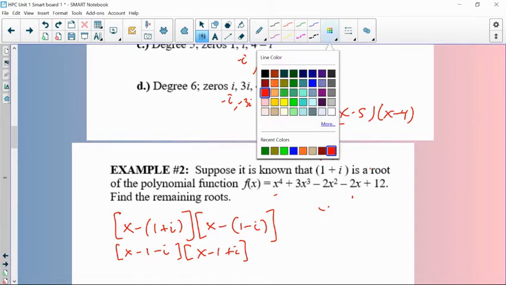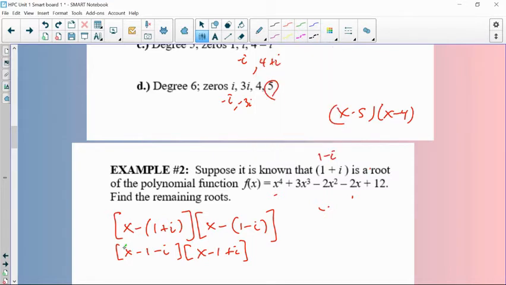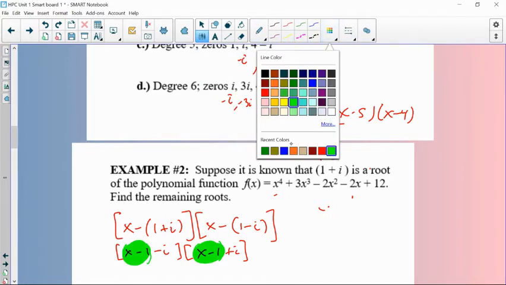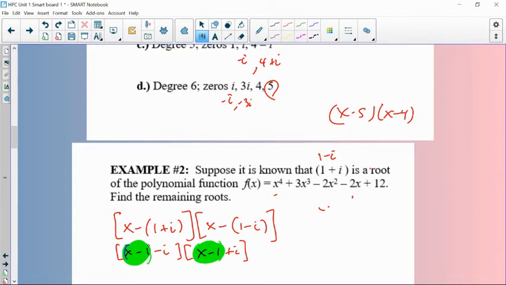What if we group the x minus 1 and then minus i and plus i? Here's your first term, here's your first term, but it's like a grouping, right? If I think about that as a group, the quantity x minus 1, quantity x minus 1, this is like a difference of squares, right?